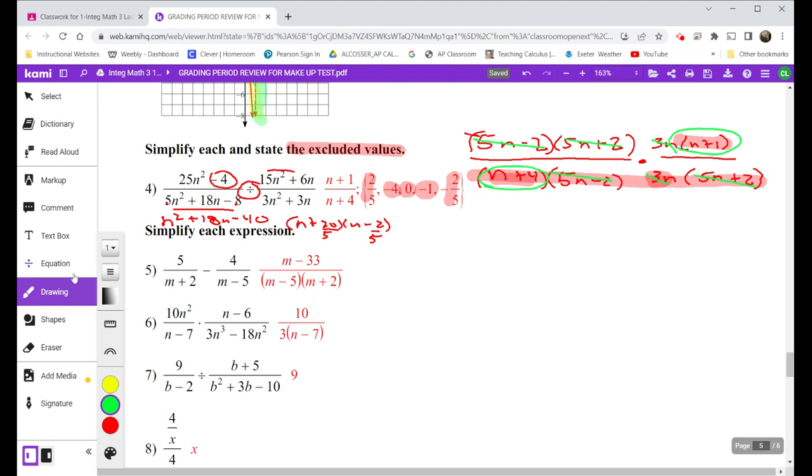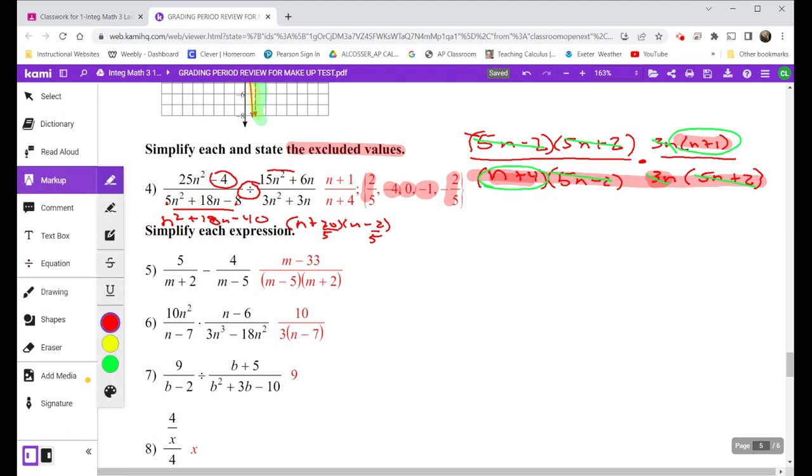All right. Let's tackle this next one here. So I need to add these two together. The easiest way to do it is multiply m minus 5 times 5, and then multiply m plus 2 times 4, and then multiply your denominators together. That's usually the easiest way to do it.